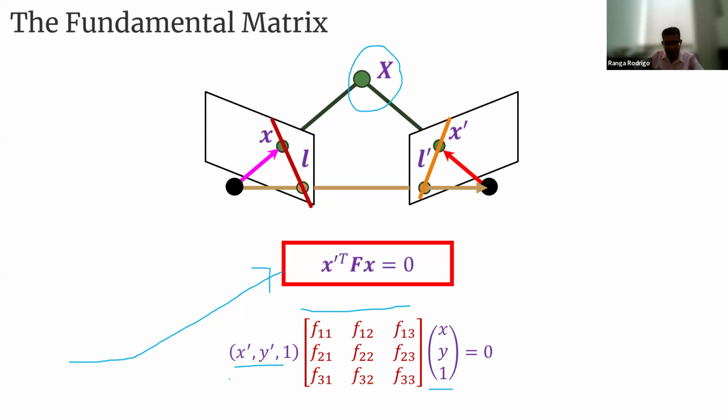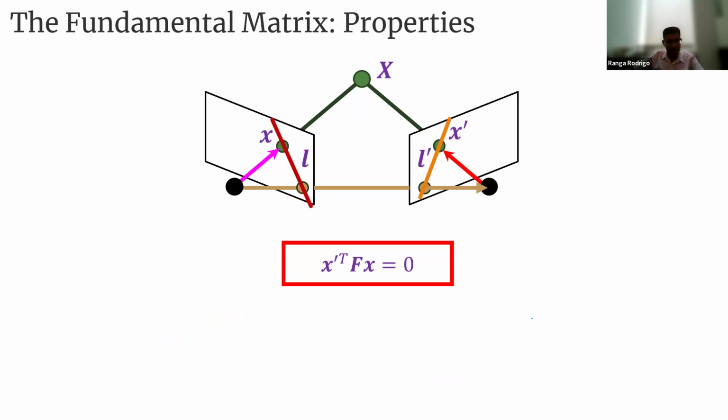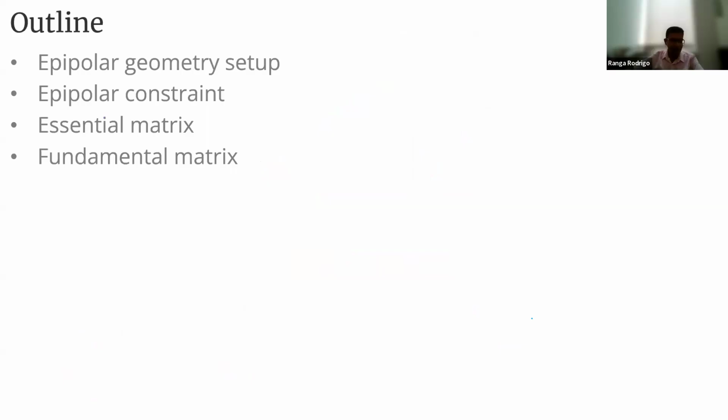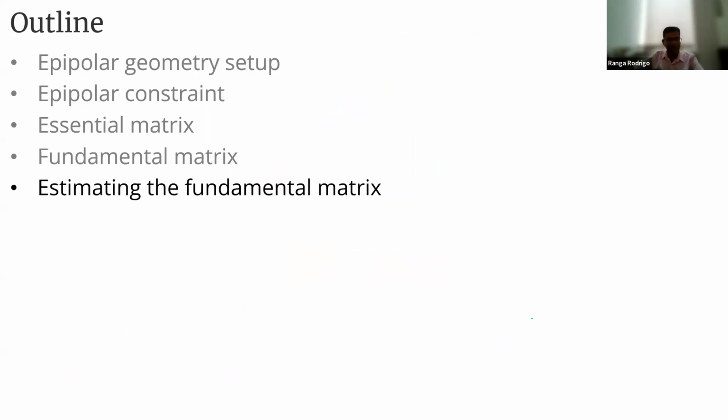You have to get 0 if you compute x prime transpose Fx. So the fundamental matrix also has similar properties as you saw for the essential matrix. I will not go through those details. Okay. So now let's briefly look at the estimation of the fundamental matrix.